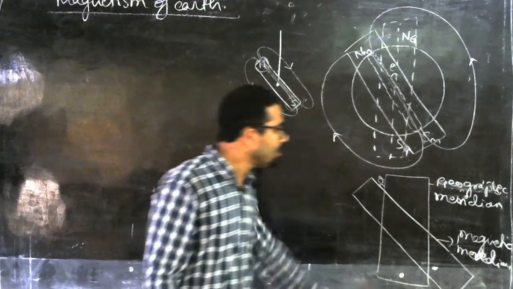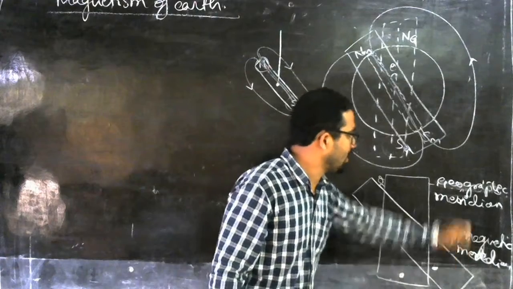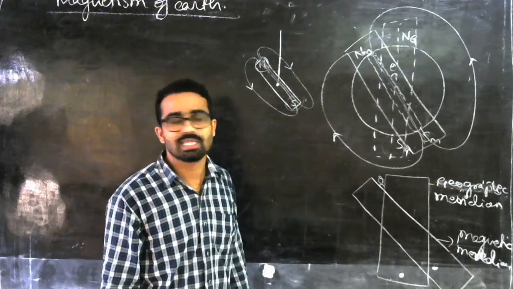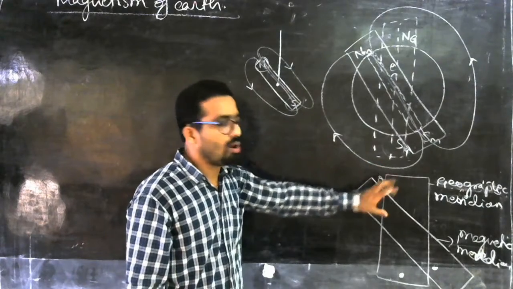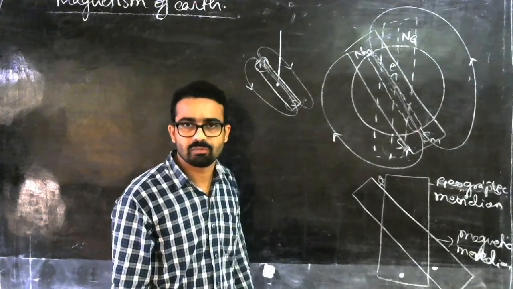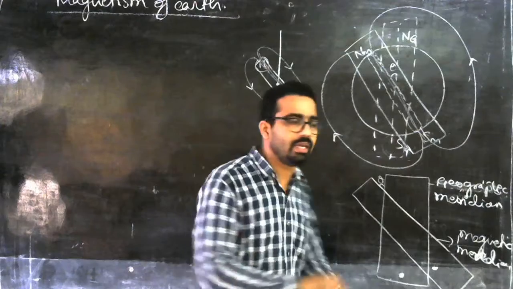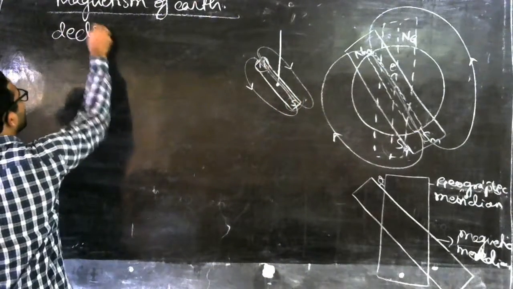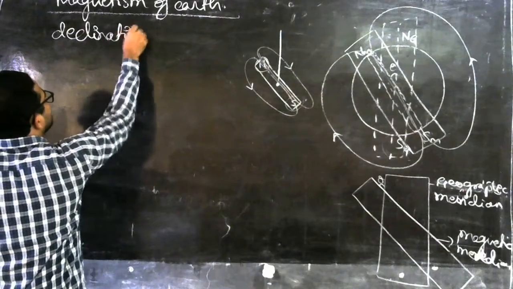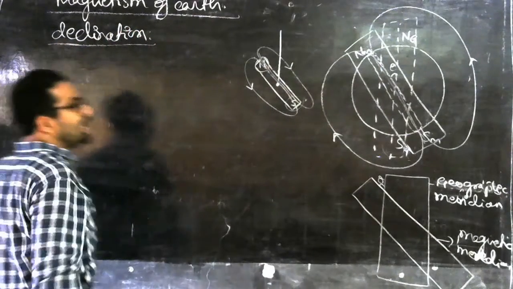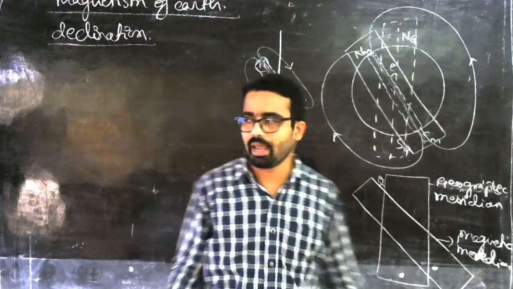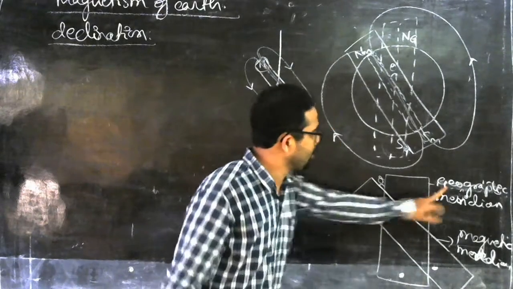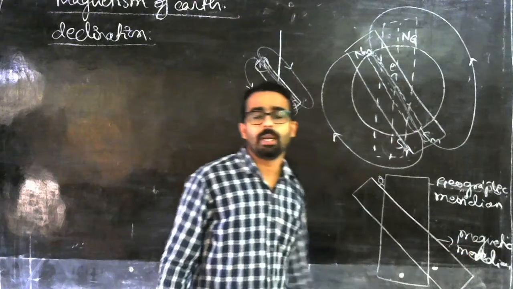The angle between the magnetic meridian and geographic meridian is called declination. We are introducing one term here that is known as declination. The concept of magnetism is very important. Declination is the angle between the geographic meridian and magnetic meridian.